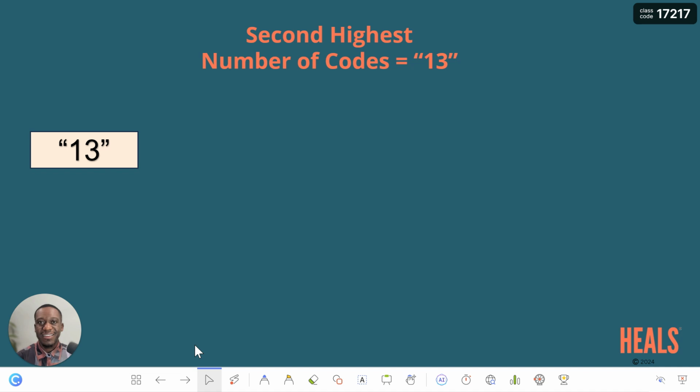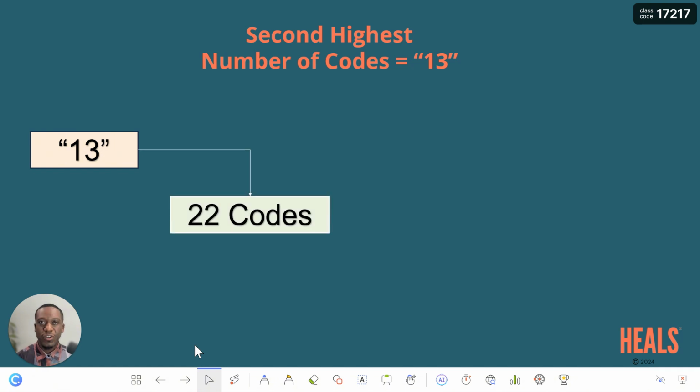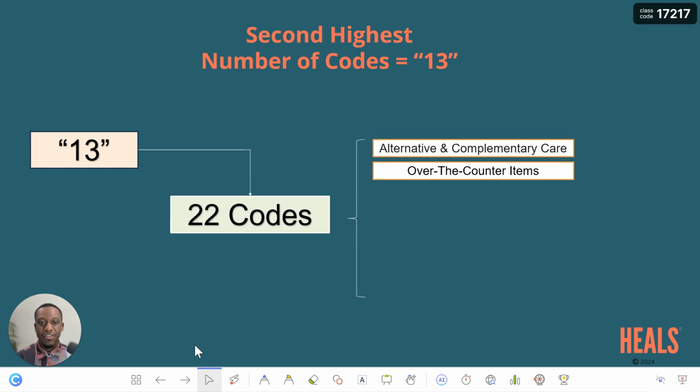The second leading number here is 13, and the 13 leading number has 22 different supplemental benefits codes. Through that, you can see alternative and complementary care. There are over-the-counter items within these 22 categories. There are food and meals seen within this category as well.